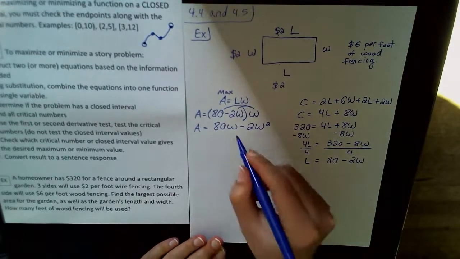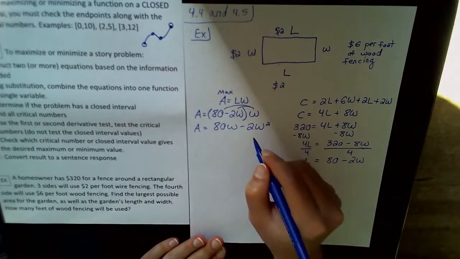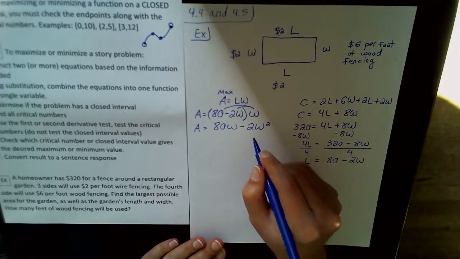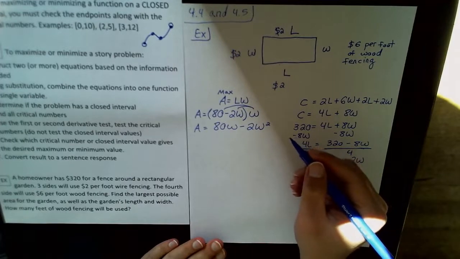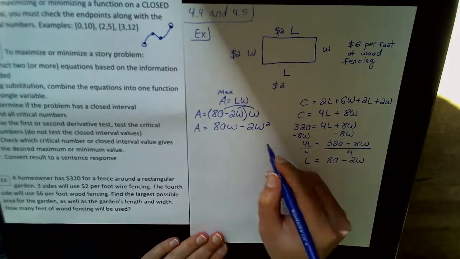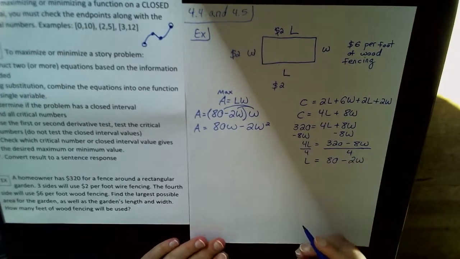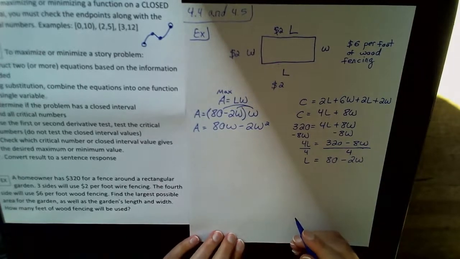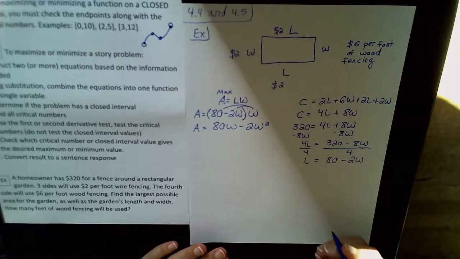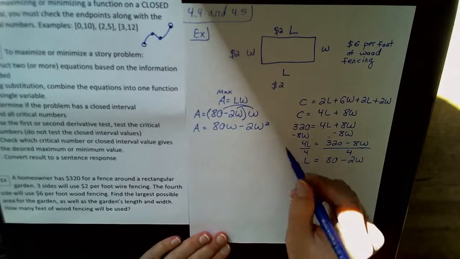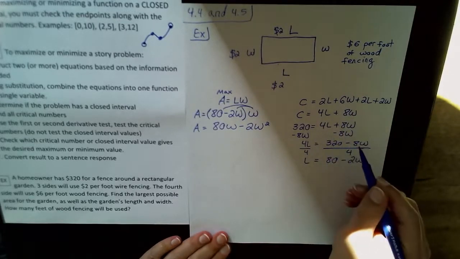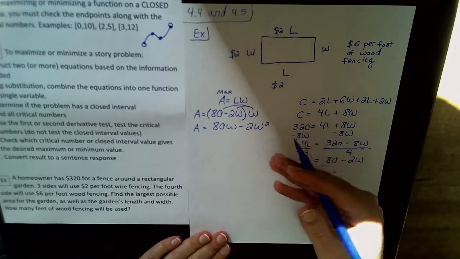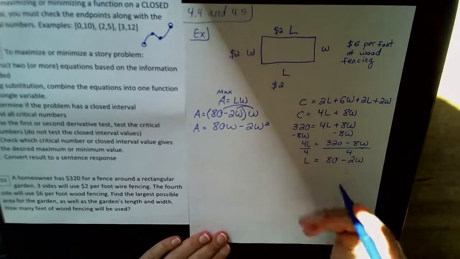Alright, so before we start finding our derivative, we should make one more note, and that is to find our closed interval. So if we have a closed interval, now is the time to find it. And this is a little bit of a tricky, non-intuitive step, but we need to think about each of our variables. Is there a smallest value or a largest value for each of them?